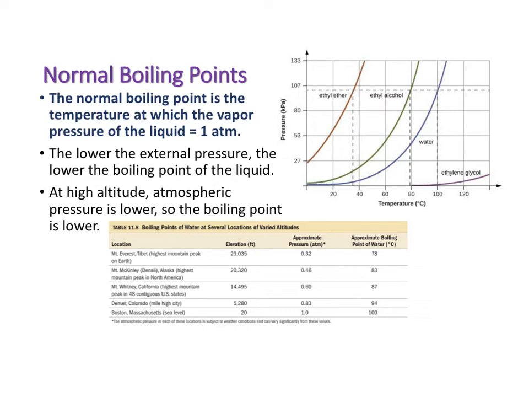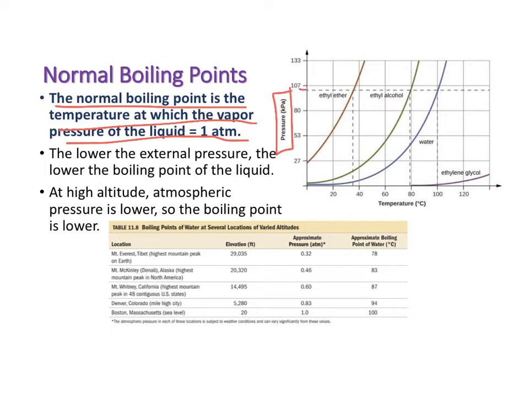Okay, so two things about vapor pressure and boiling point. There is something called the normal boiling point. This is something standard so that we can easily compare different boiling points of different liquids. The normal boiling point is the temperature at which the vapor pressure of the liquid will equal 1 atmosphere. So 1 atmosphere is also equal to 101 kilopascal. That's why we have kilopascal right here.